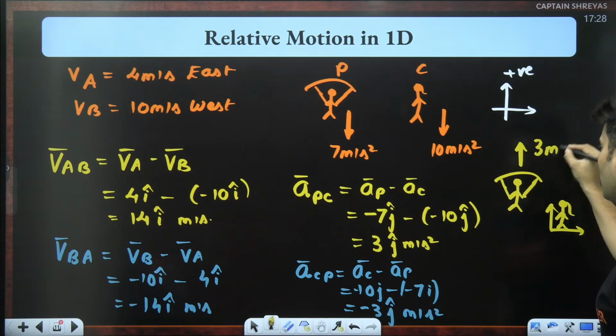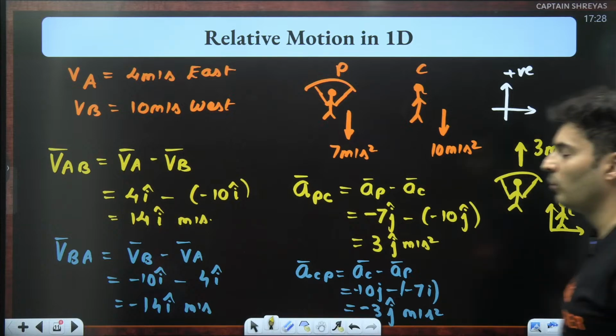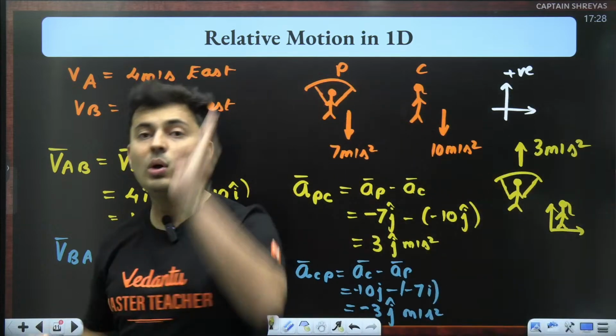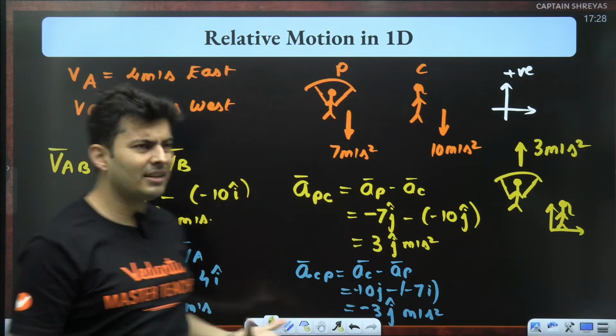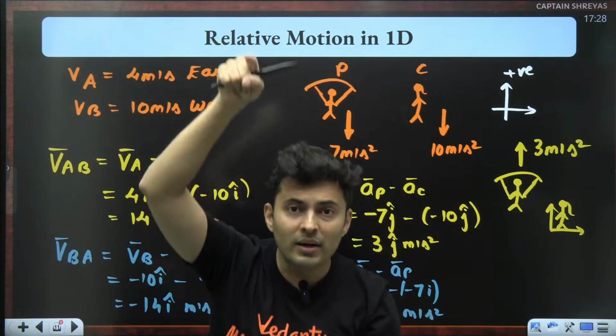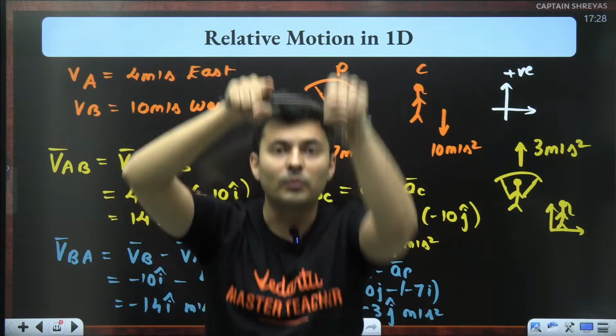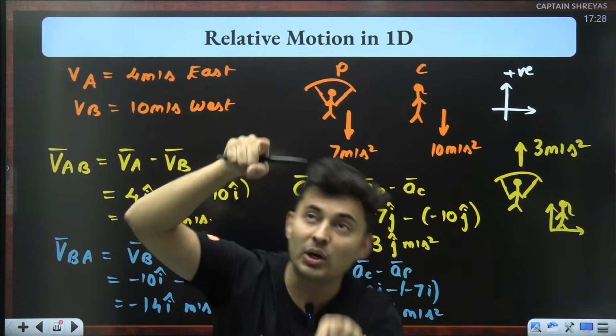So with an acceleration of 3 meters per second square upwards, she will see Pandu going up. It makes sense because she is going more down as compared to Pandu. She is going more down, so she will see Pandu going up.